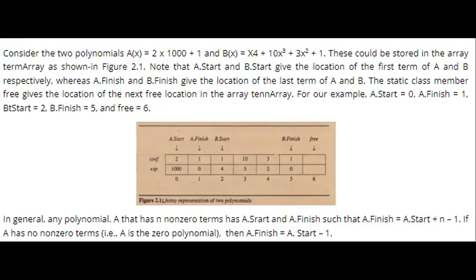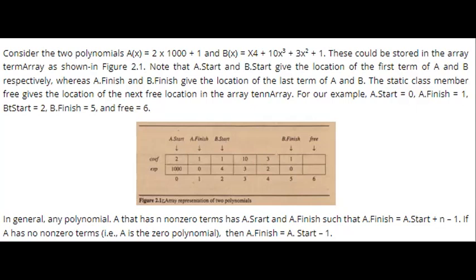In general, any polynomial a that has n non-zero terms has a.start and a.finish such that a.finish is equal to a.start plus n minus 1.